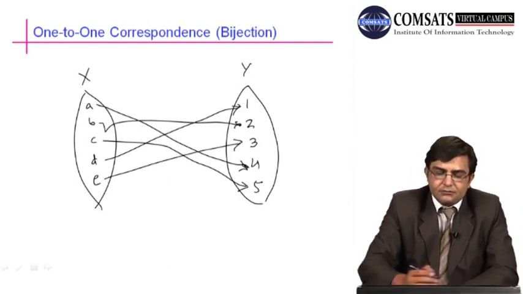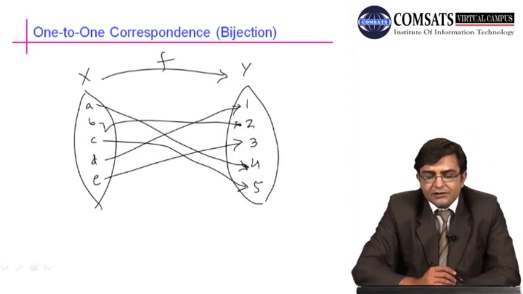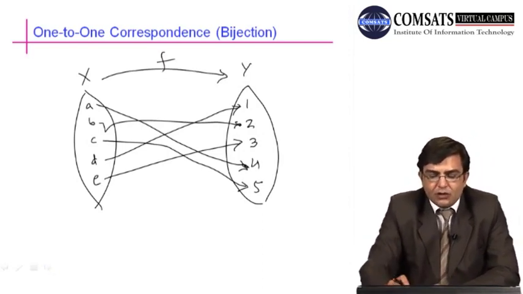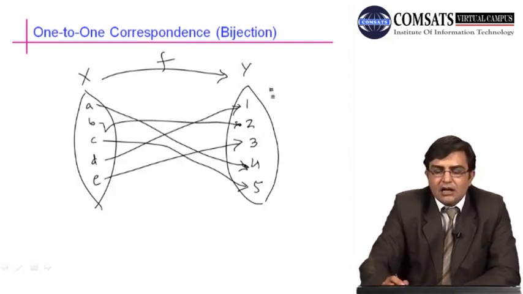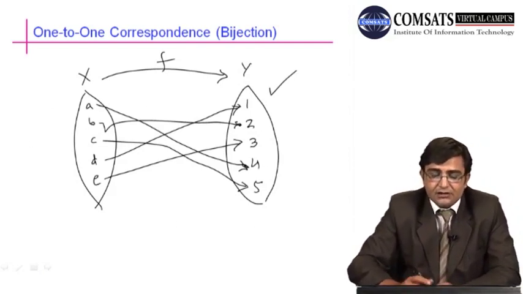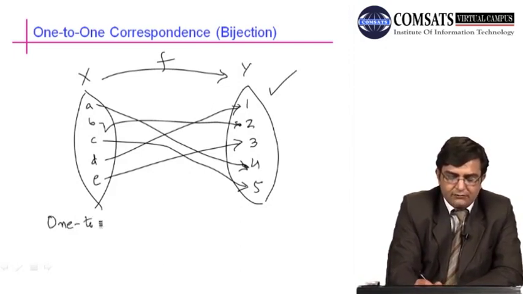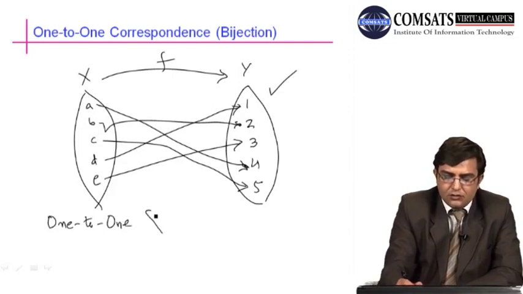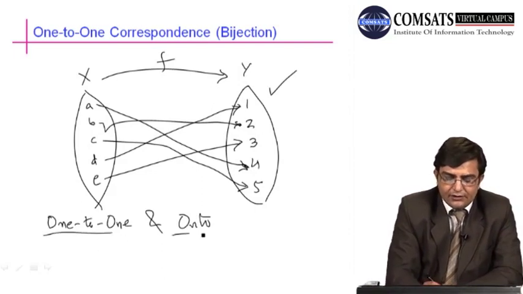It can be like this because this is a function. One element is related to one, and all the elements in Y are also related to some element in X. So this function is both one-to-one and onto. Therefore this function is a bijective function.